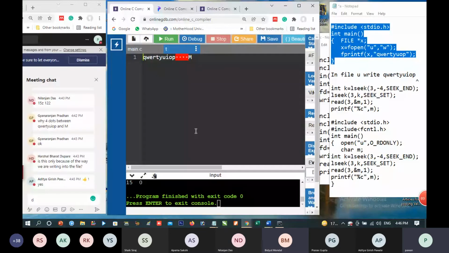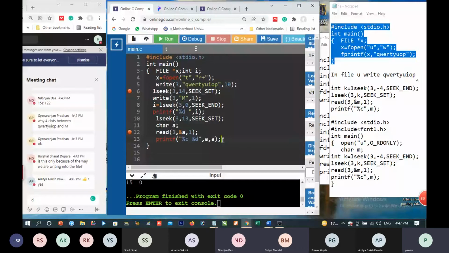Okay. For the text, I am not saying Z is not written in the file, but when I am outputting, like when you are outputting A as %C and %D, then one time Z is coming and another time 122 is coming. Let me see why. Because of this, the system call may be failing.